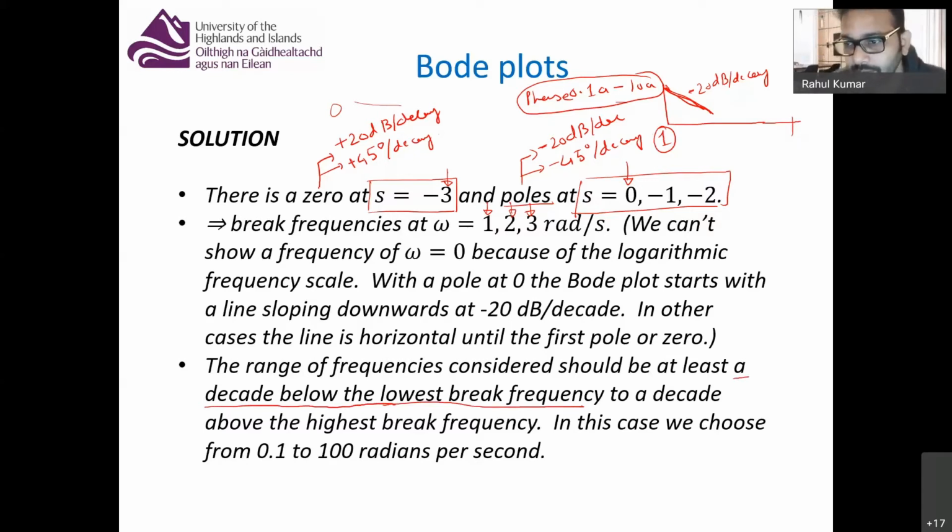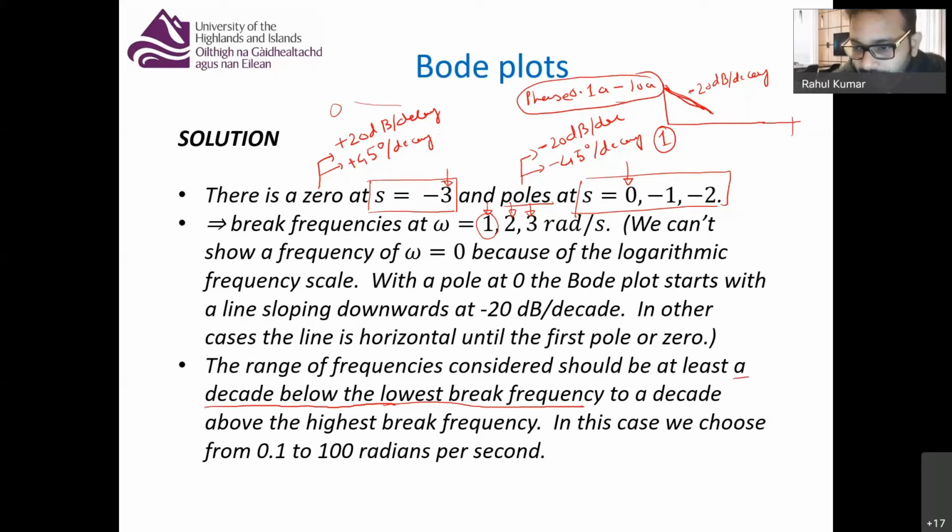The lowest break frequency is 1 radian per second. So if you go 10 times below 1, that means it is 0.1.